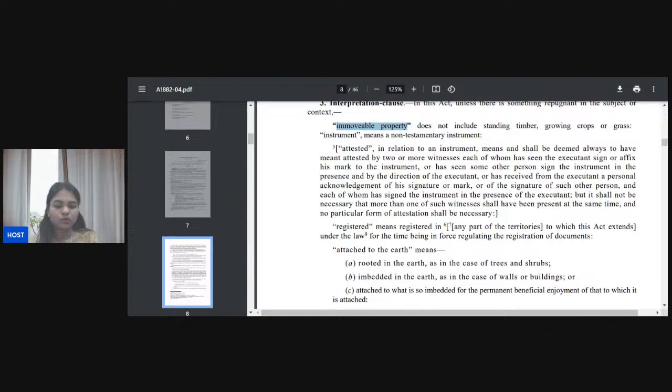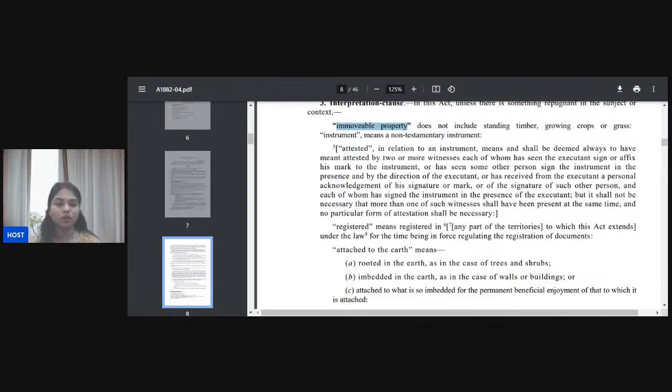For that, we need to see the definition given in the General Clauses Act of 1897. If you see section 4 of the General Clauses Act, very good Priyanka, that has defined immovable property.